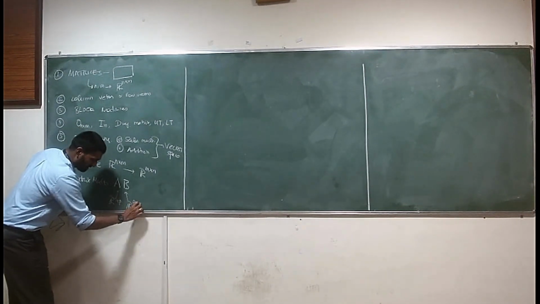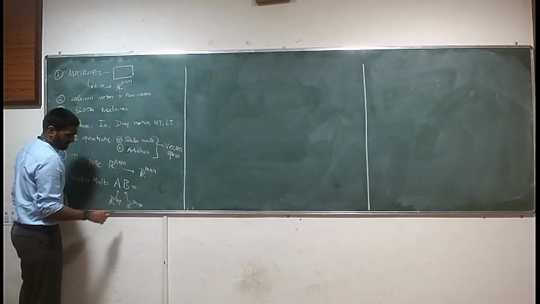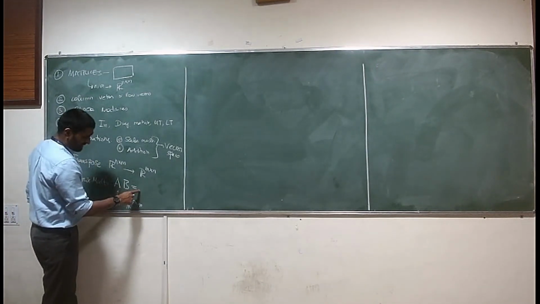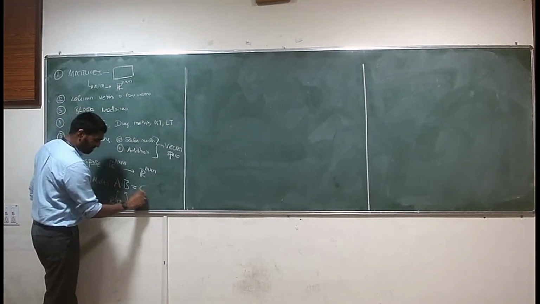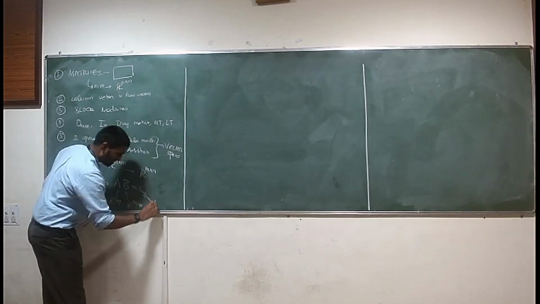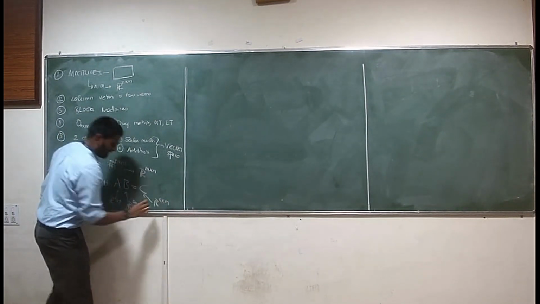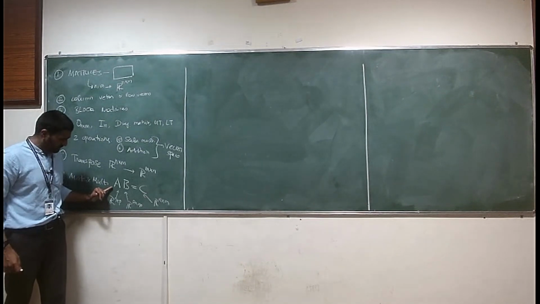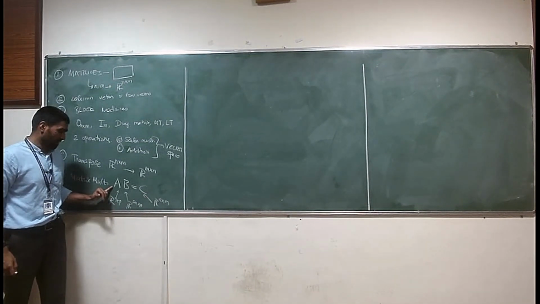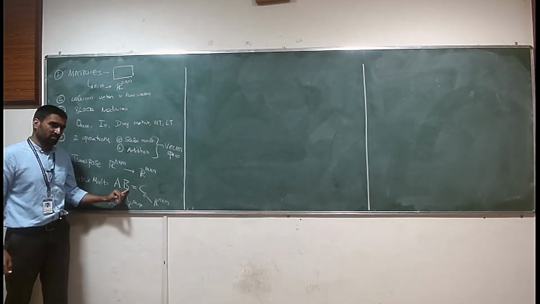It can be any number, m. And if that is the case, I'll get a matrix C. What will be the size of C? N cross m. It will inherit the number of rows of A and the number of columns of B.